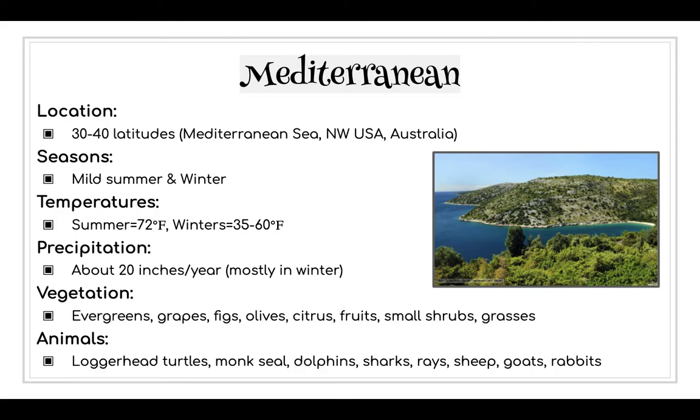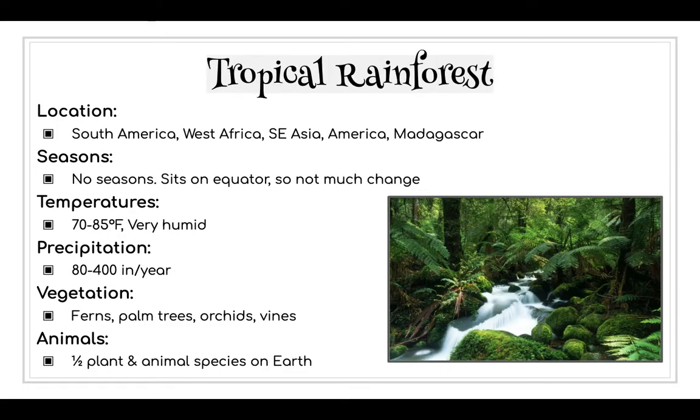Okay, moving on. Tropical rainforest is the next one. Primarily this is low latitude, around the equator. Locations would be South America, West Africa, Southeast Asia, and the very lower part of the United States, like Florida, and then Madagascar as well.